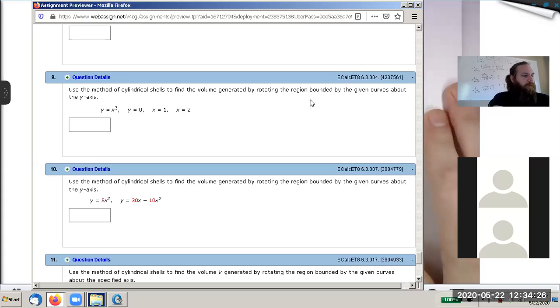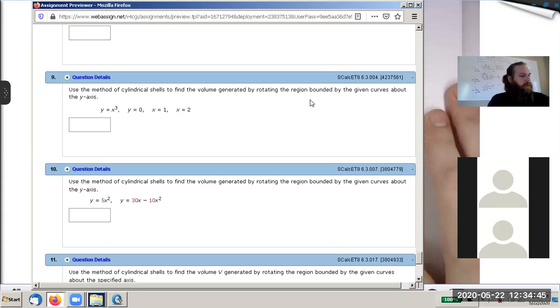So we've got y equals x cubed, y equals 0, x equals 1, and x equals 2. We want to rotate about the y-axis.